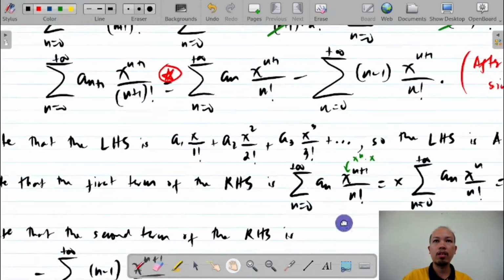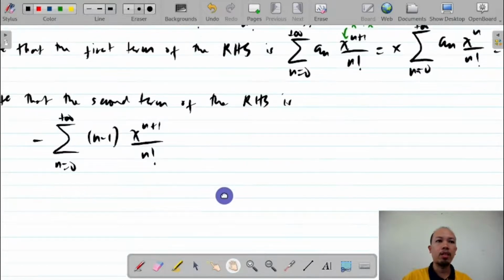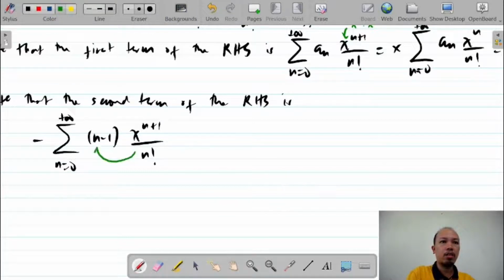Let's look at here, we have x to the n over n factorial. So let's distribute. This is very easy to simplify.